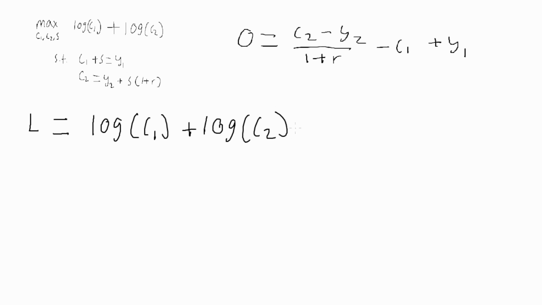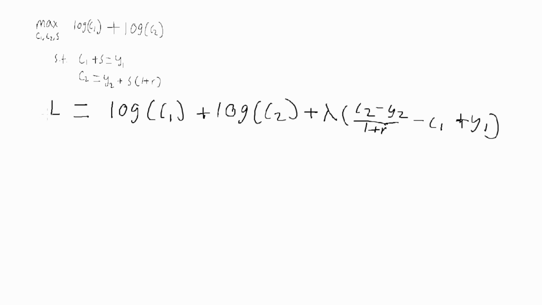And now we write plus lambda, simply multiplied by this equation that we found from the intertemporal budget constraint. One plus R minus C1 plus Y1. And so there we have it. That's the Lagrangian multiplier equation.